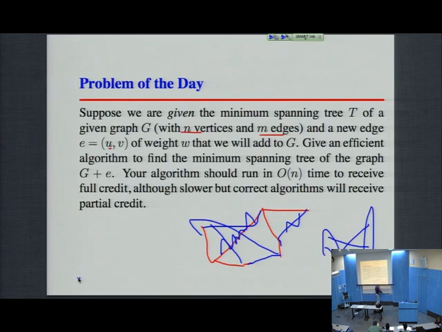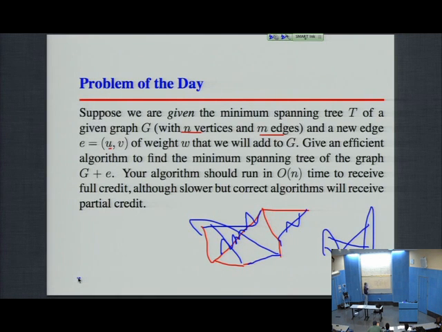So suppose I've got a minimum spanning tree like this. Here is my minimum spanning tree. If we delete this edge, you're saying I only need to consider edges that go from this potentially or from this potentially.